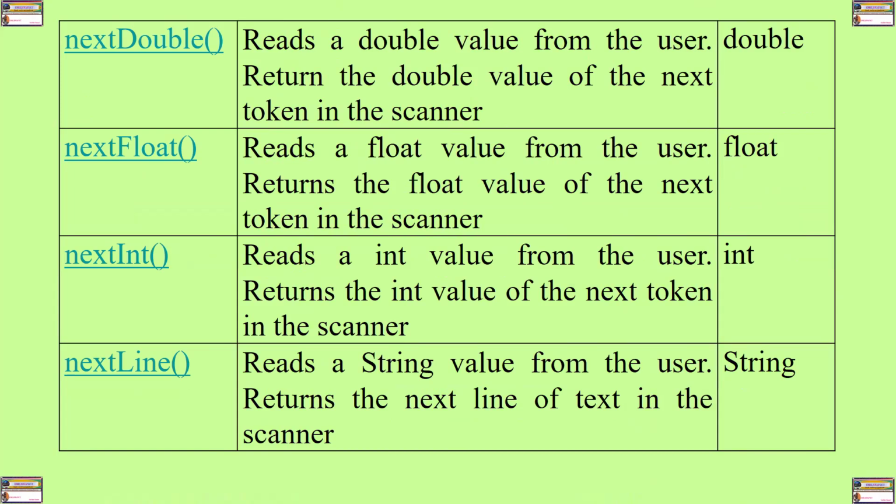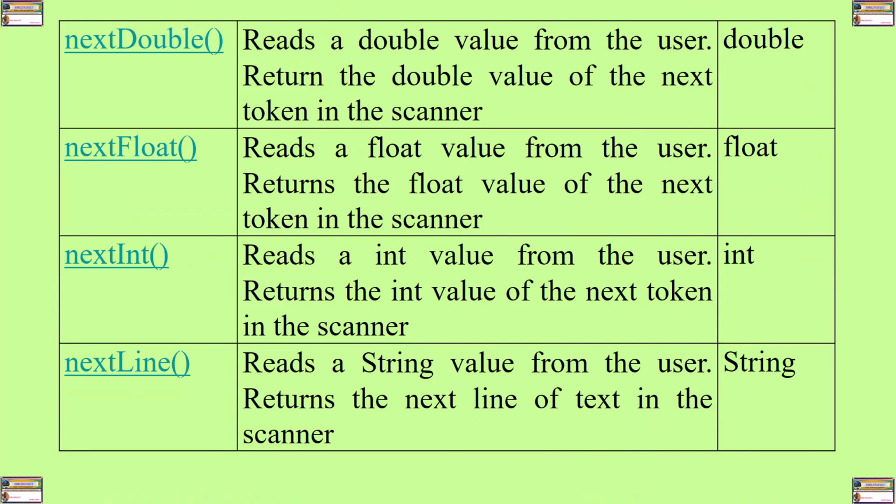When it comes to various data types, if you are going to enter data of type double, you use nextDouble. If you want to read a value to a data type which has decimal places, we use nextFloat. It returns float.